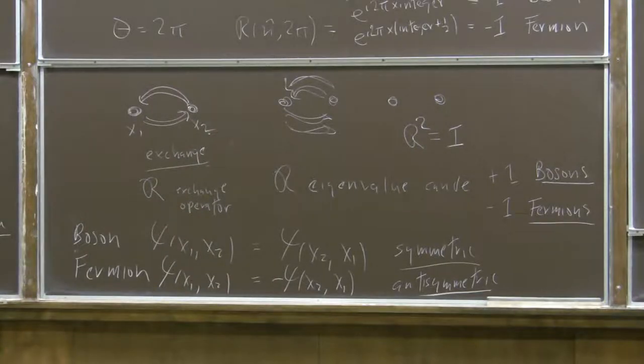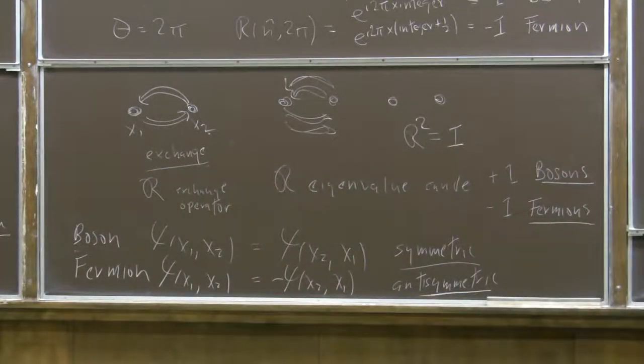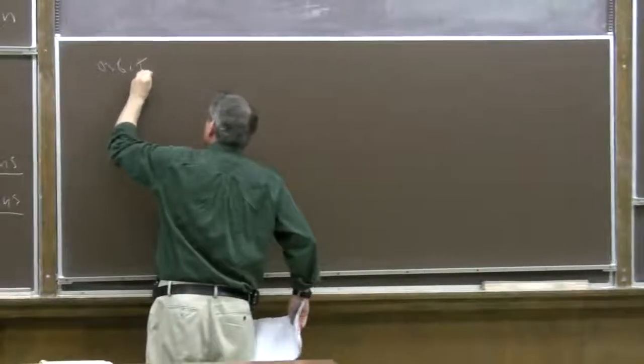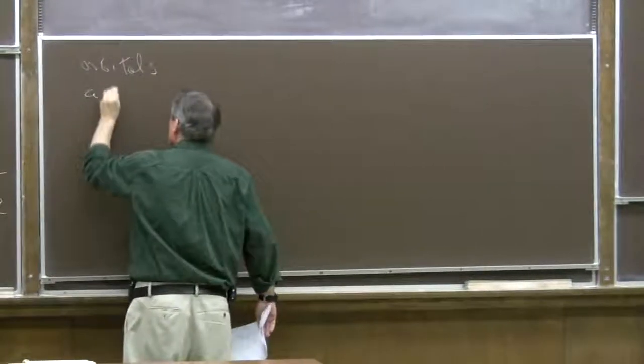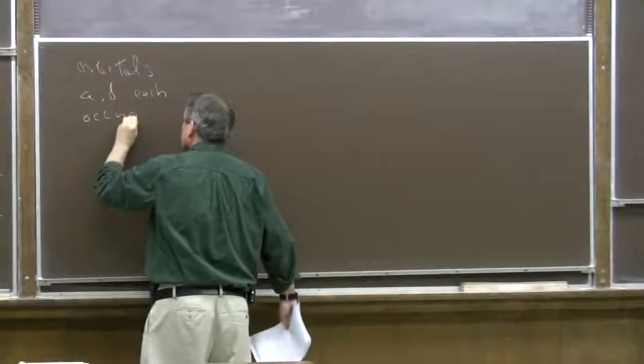And in fact, we can understand the origin of the Pauli exclusion principle from this point of view. Suppose we have two orbitals and they're each occupied by one particle.